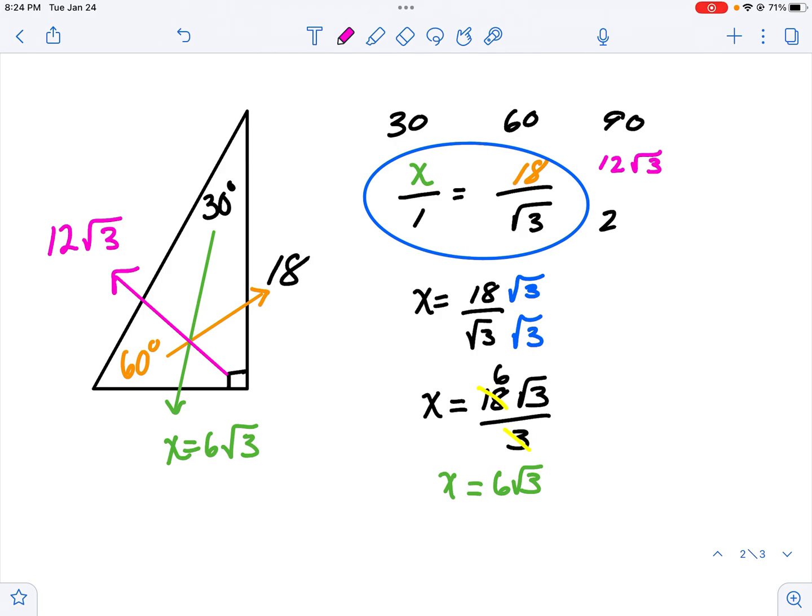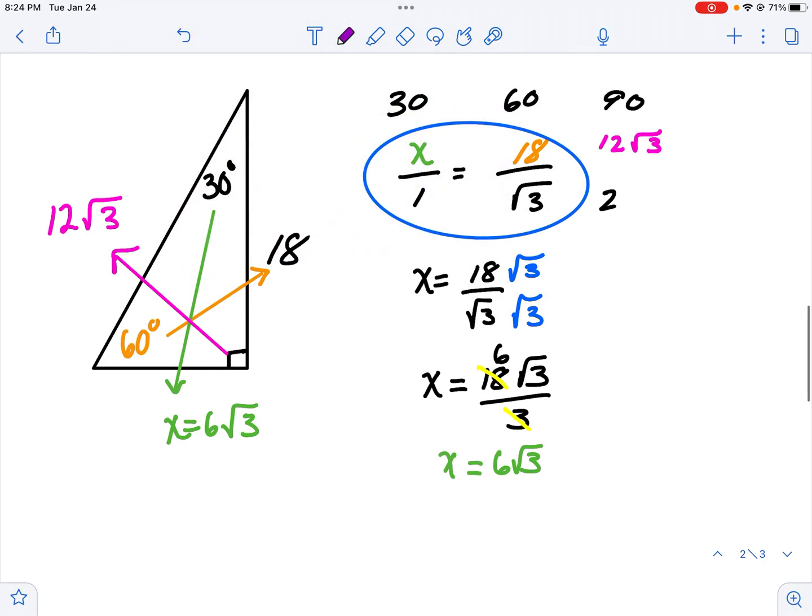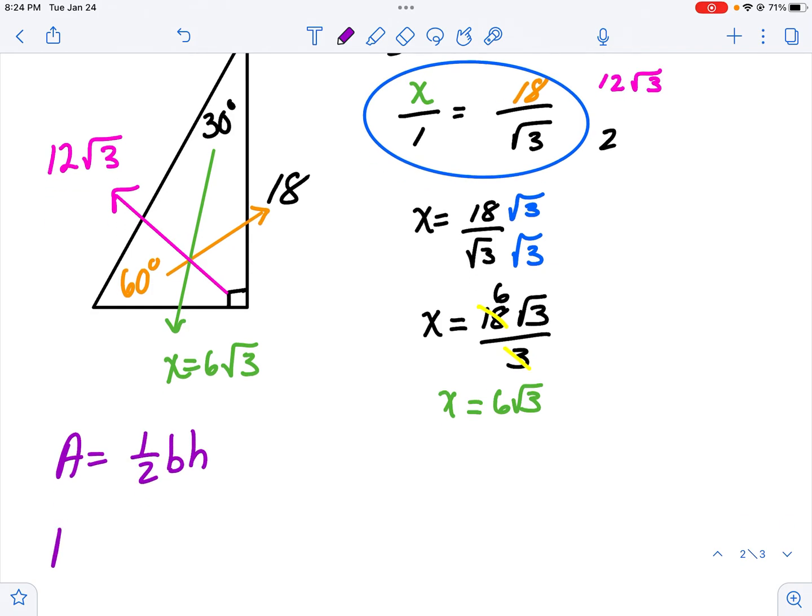If they ask us for the area, area is equal to 1/2 base times height. Area is equal to 1/2. This is the right angle. So this is the base, which is 6 square root of 3. And this is the height, which is 18.